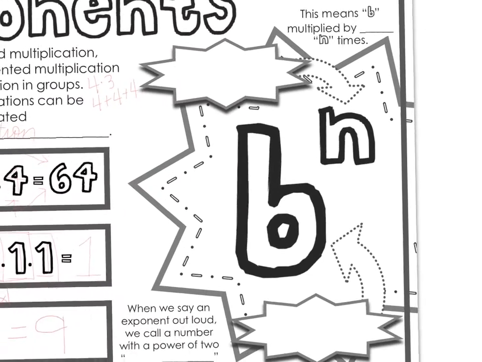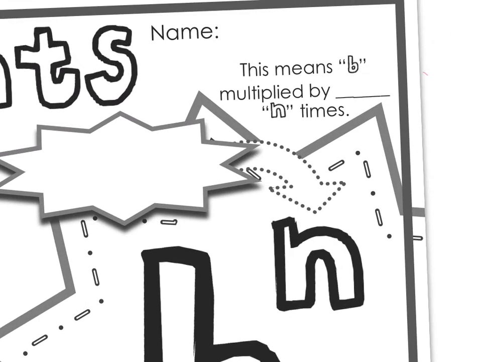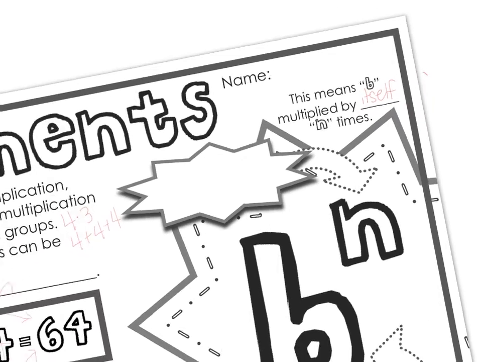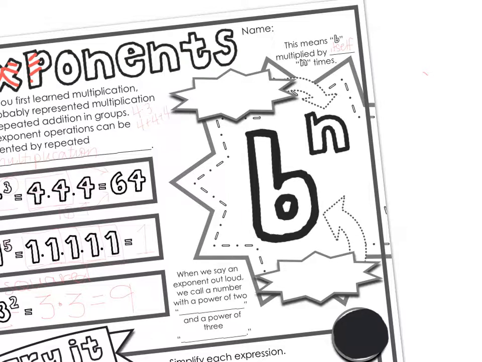Okay, so let's come over here and just talk about this. All of this combined means b multiplied by itself n times. So the b is called the base.